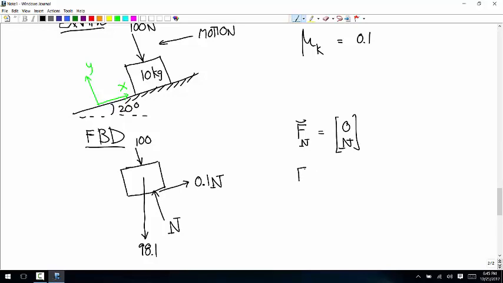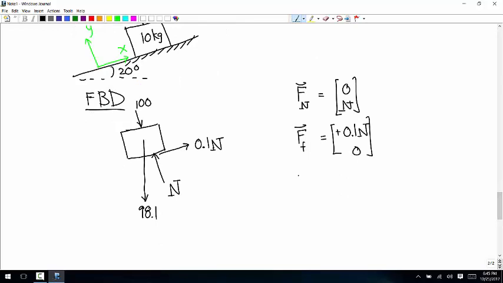So I'll call that force of friction vector equal to positive 0.1 Fn, 0. The 100 newton force happens to be exactly in line with our y-axis. It's in the direction of negative y. So that's going to be 0, negative 100.